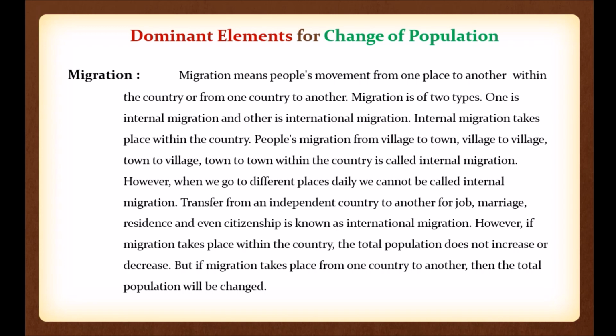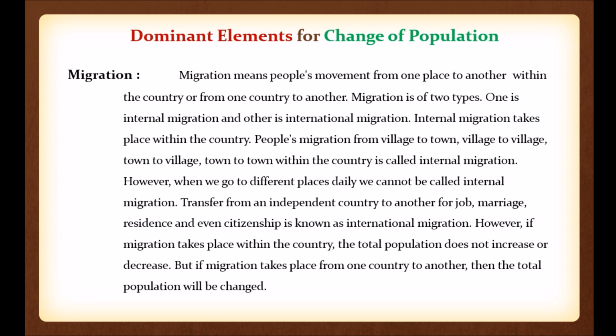However, if migration takes place within the country, the total population does not increase or decrease, because it doesn't matter whether I am in Khulna or Dhaka, because I am living in Bangladesh, and both Dhaka and Khulna are in Bangladesh.